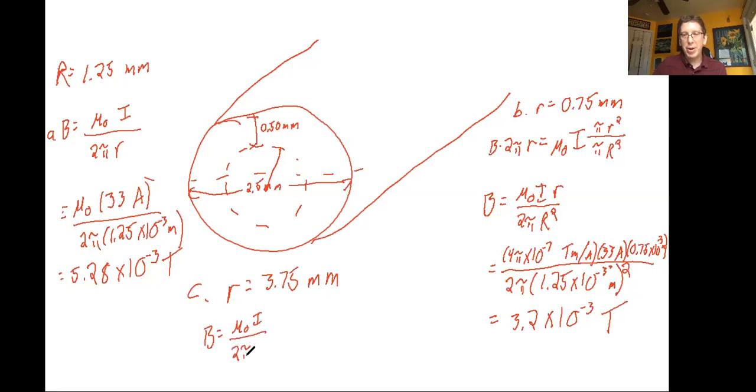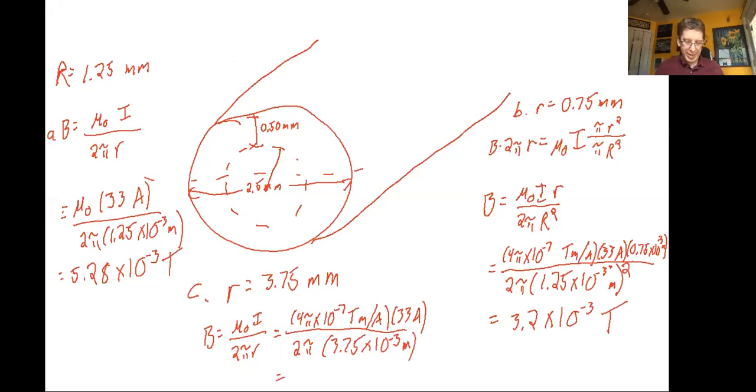So then B becomes mu naught times the total current divided by 2 pi r. So that's 4 pi times 10 to the negative 7 Tesla meters per ampere times the current, which is 33 amps, divided by 2 pi times 3.75 times 10 to the negative 3 meters.